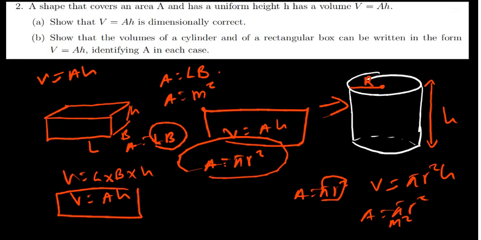As you can see, the figures correspond to each other, meaning we have shown that the formula is the same for both the rectangular block as well as the cylinder. Okay, next question.